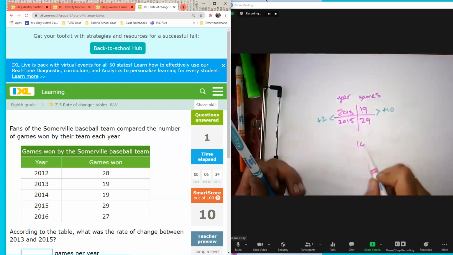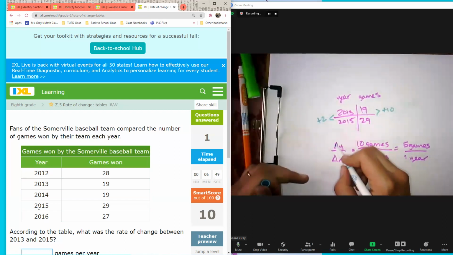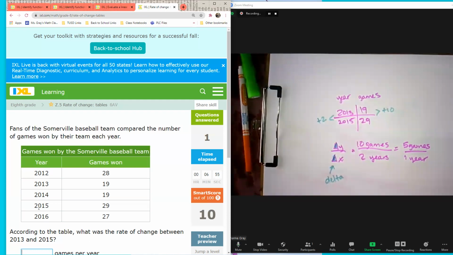So I'm saying 10 games if I do the change in Y every 2 years. Really means 5 games every 1 year. So you might have wondered why I wrote this little symbol here. That's a Greek delta, it's called, and it means change in math. So this means the change in Y over the change in X. So 5.